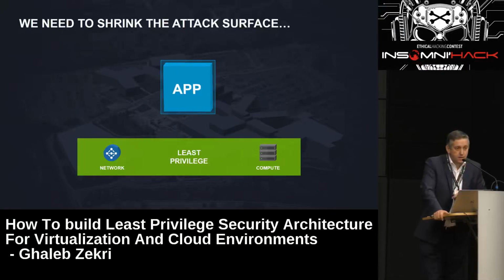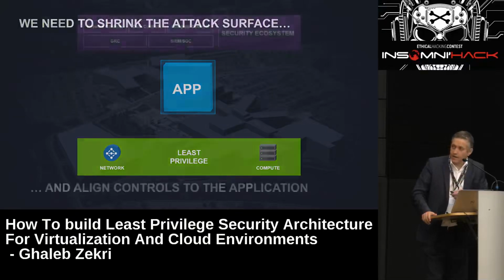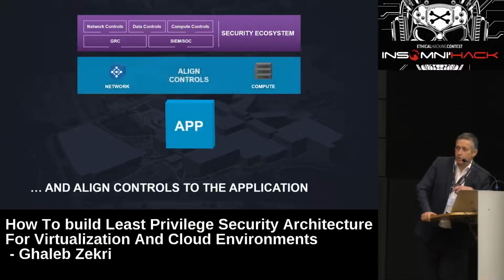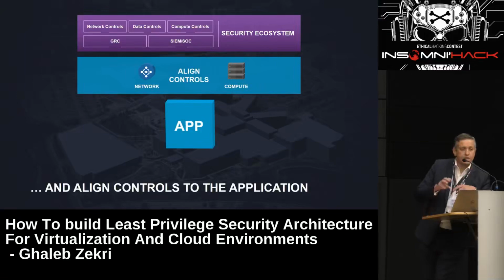So that means we need to make the security controls the closest to the app, from the compute and from the network. And then we can implement the controls tied to the application, wherever the application is sitting.